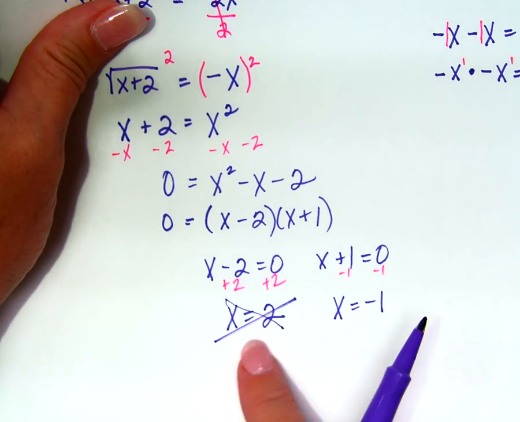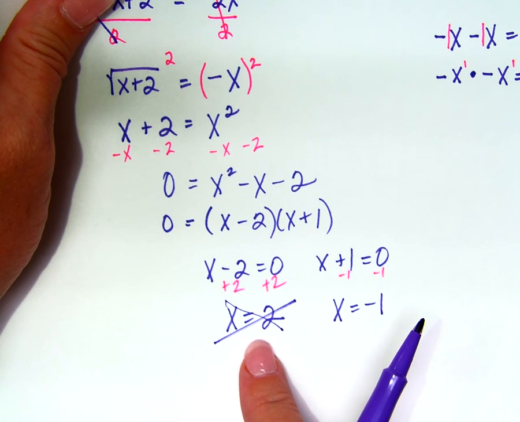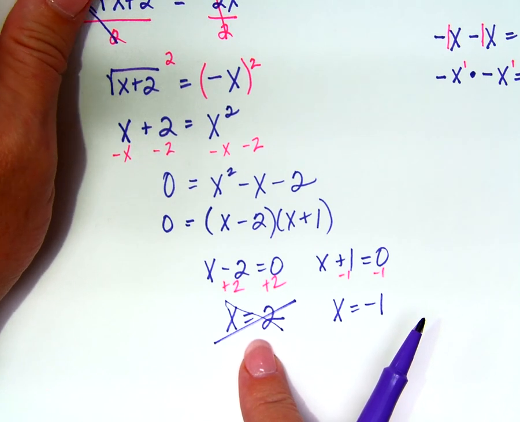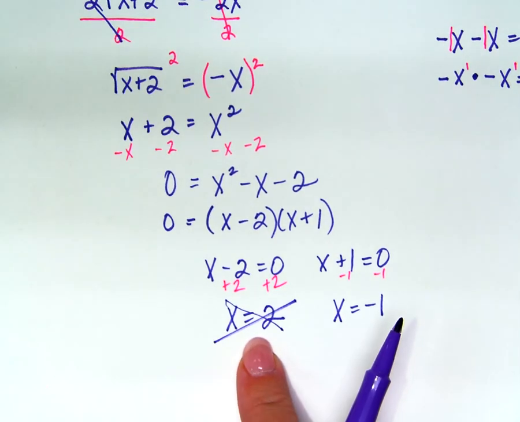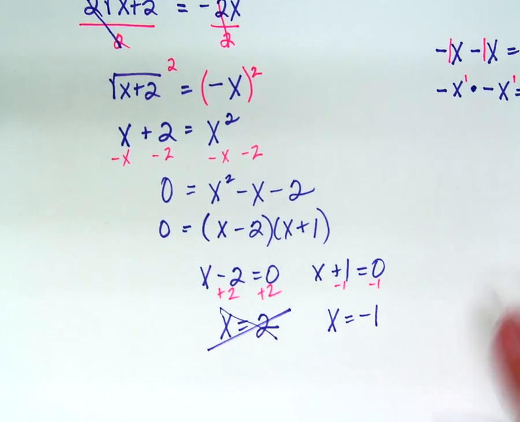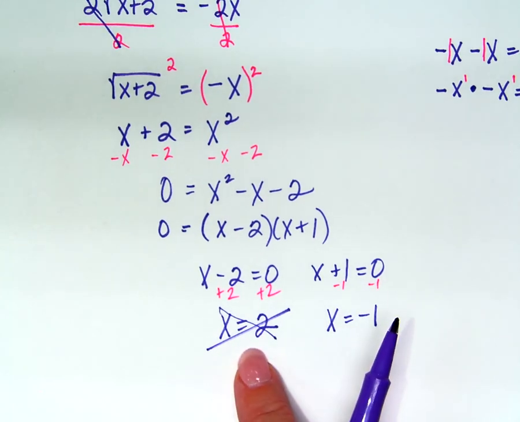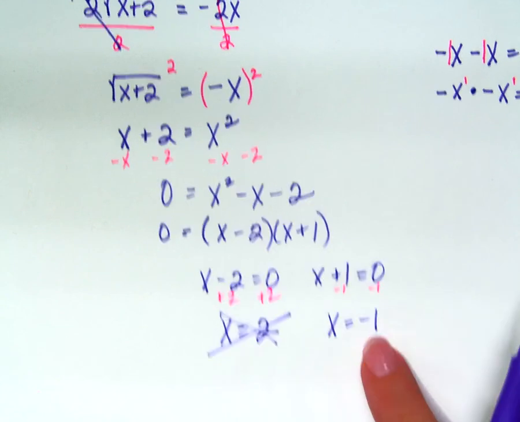What's the first thing that a lot of people do when they do that? They either assume the next one's right or they assume they did something wrong. Don't assume that. You might have done something wrong, but the chances are you got it right. That's just an extraneous solution. Okay?